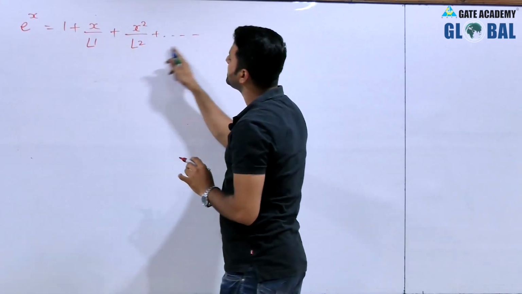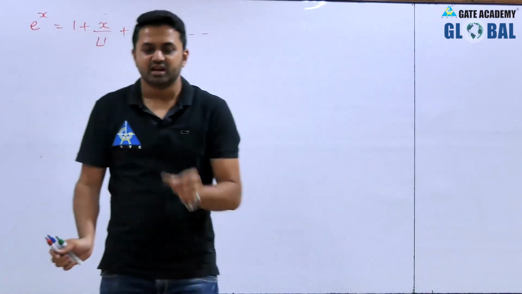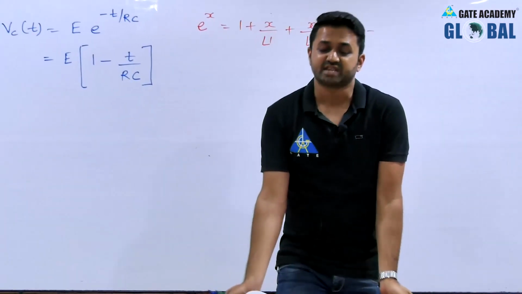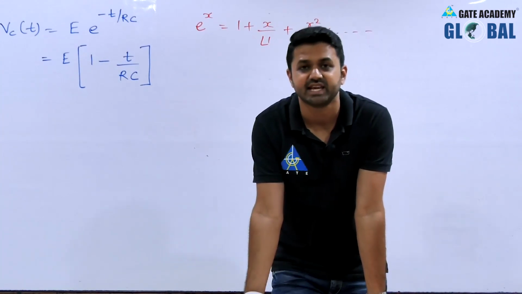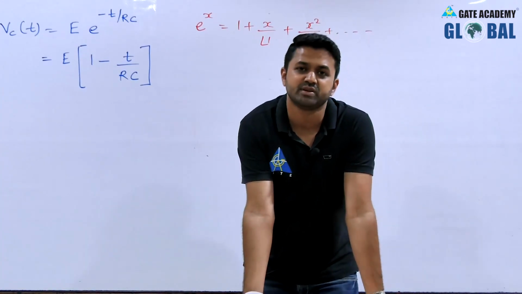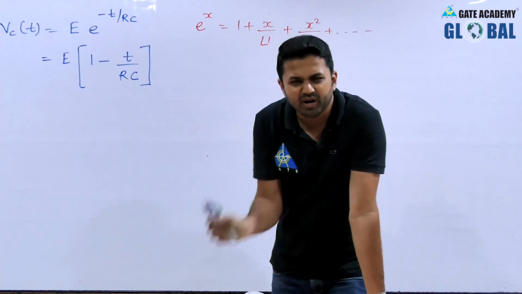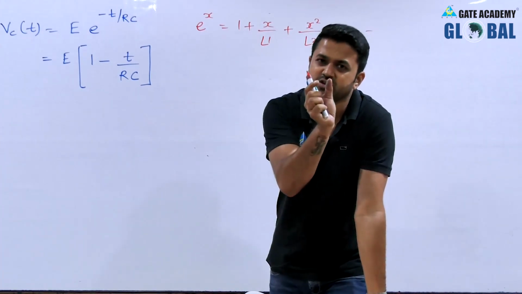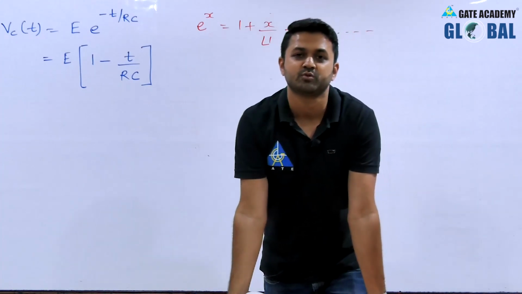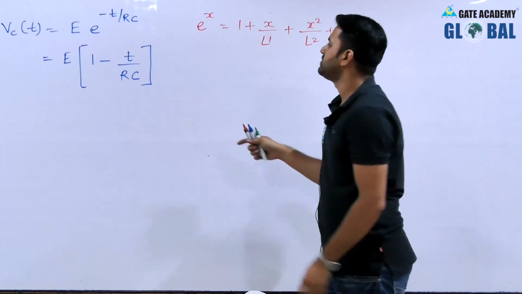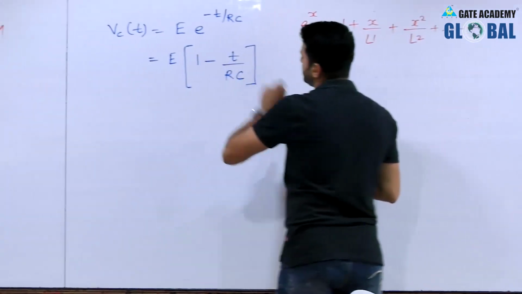The nonlinear terms are eliminated because the carrier is a very high frequency, so its time period is very small, and in that small portion we see only the linear portion of the exponential decay. So we consider only the linear term.